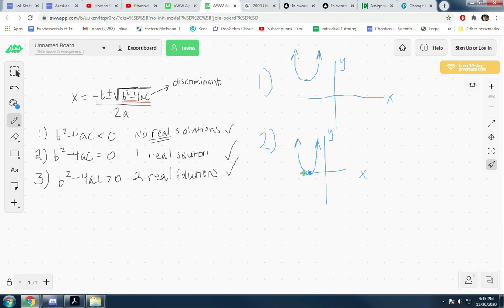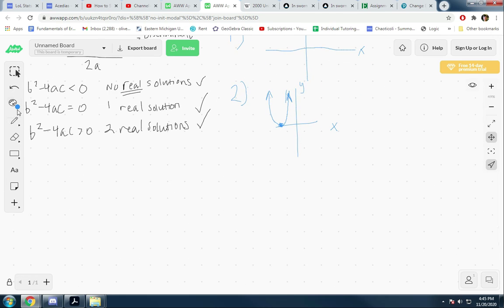So that's why there's one real solution, because the parabola is tangent to the x-axis, just touching it. And lastly, we've got case 3, and that could look something like this. Notice we've got 1, 2 points of intersection of the quadratic with the x-axis.